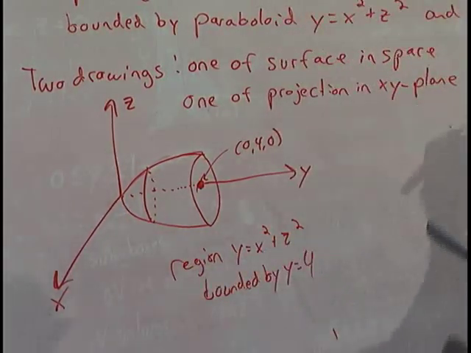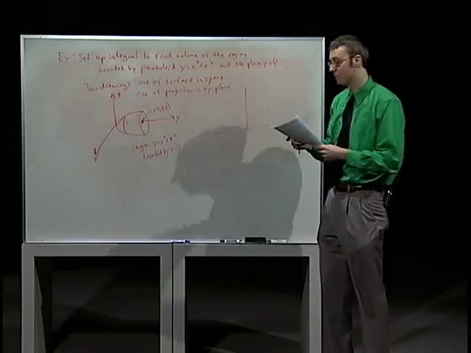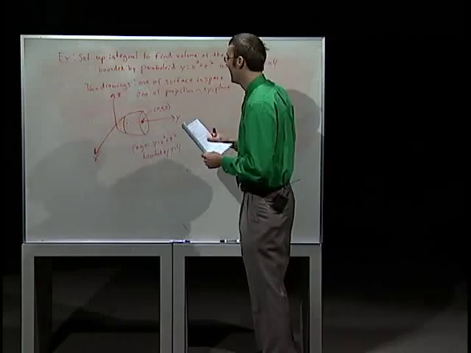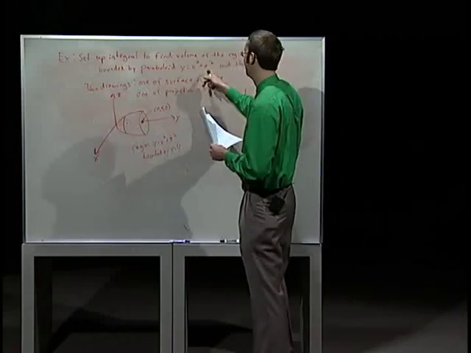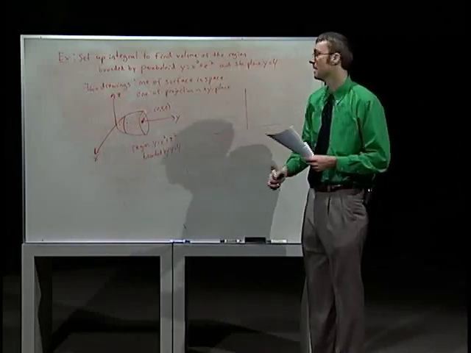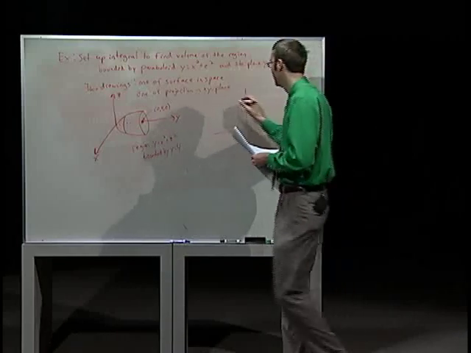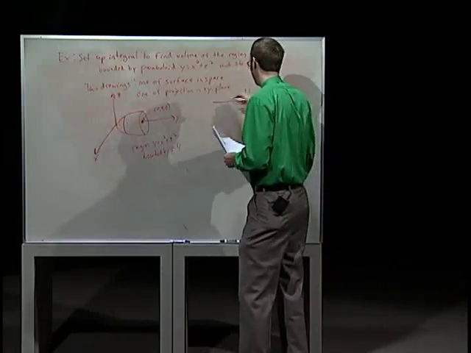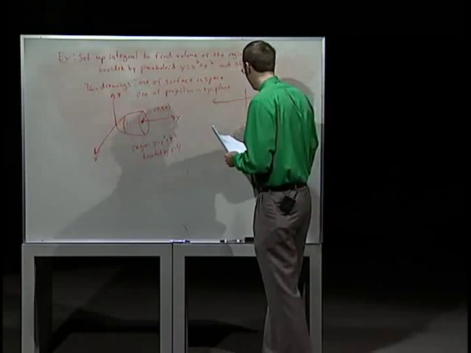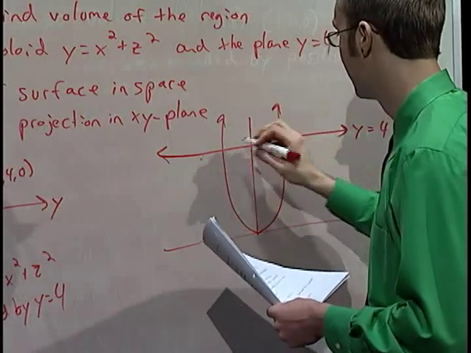And then over here, we'll draw the corresponding projection. In this case, in the xy plane, when z is 0, this makes the parabola y equals x squared, and y equals 4 becomes not a plane, but a horizontal line. So up here's the line y equals 4, and the parabola y equals x squared looks like that.